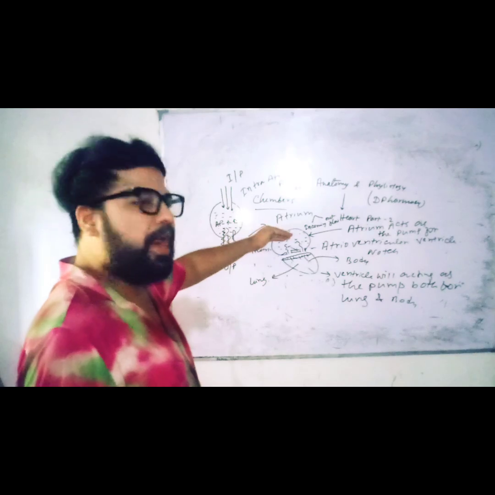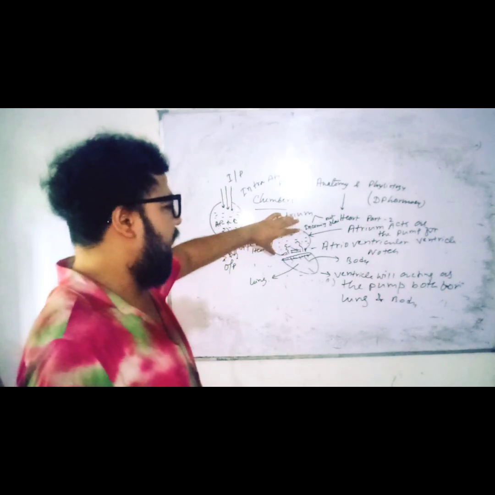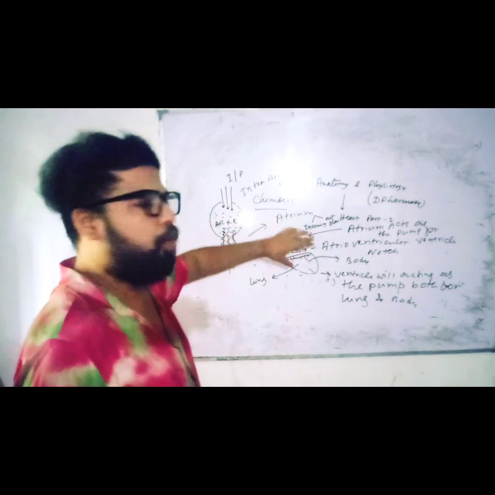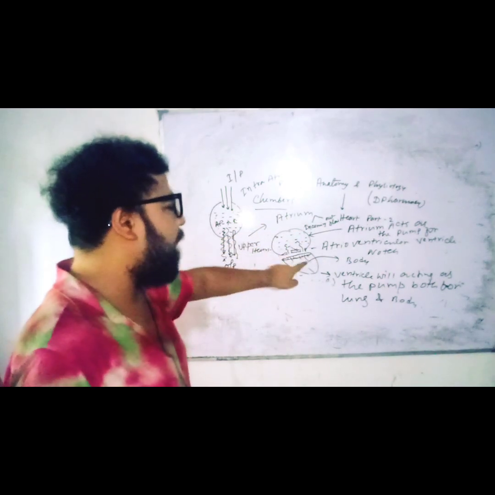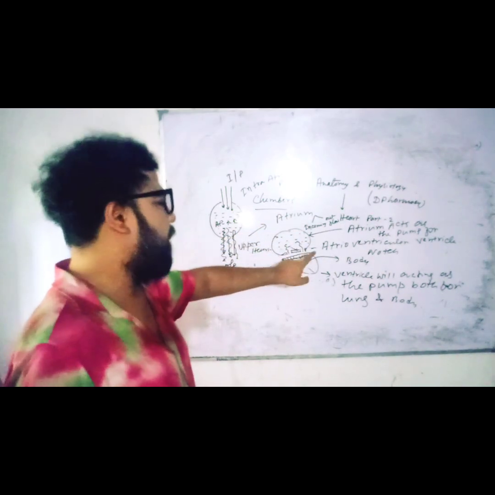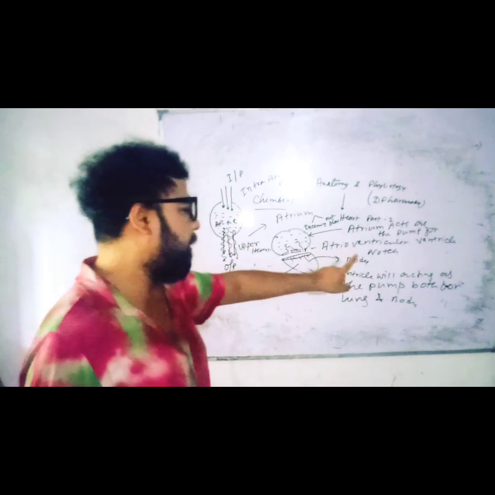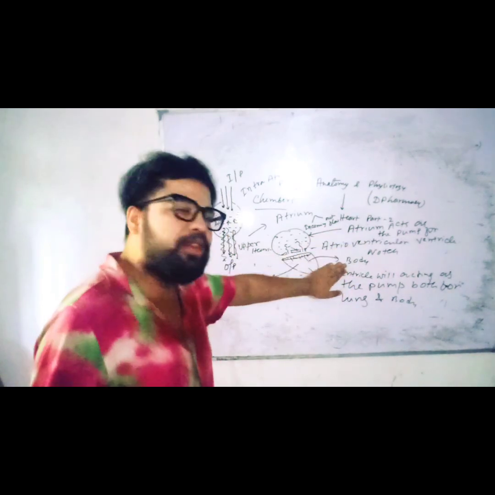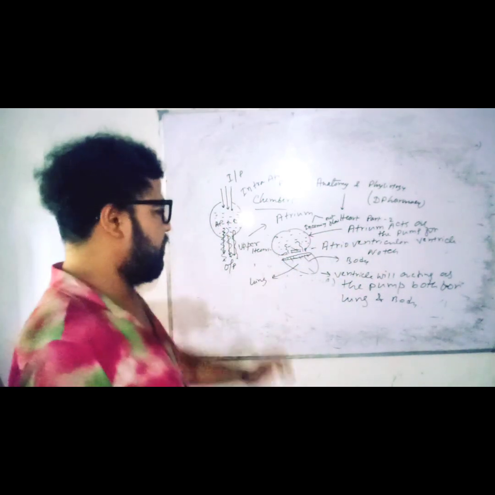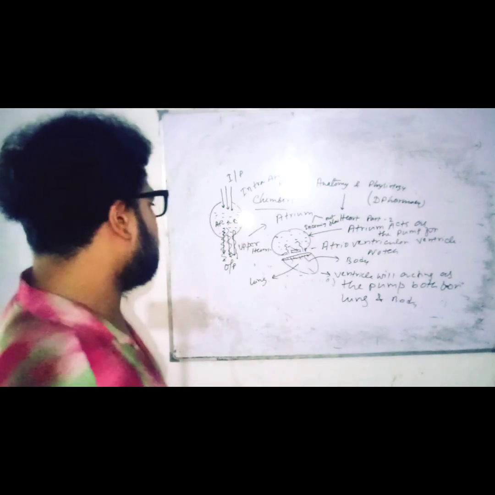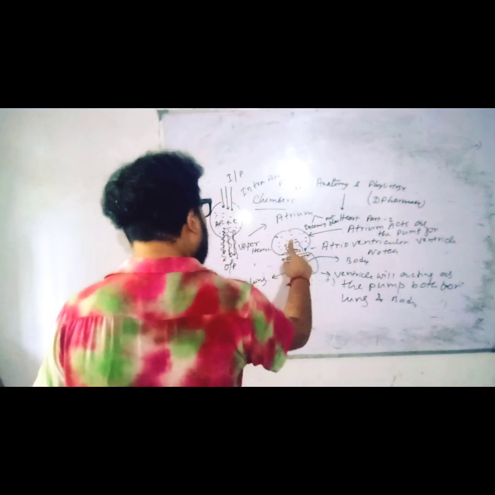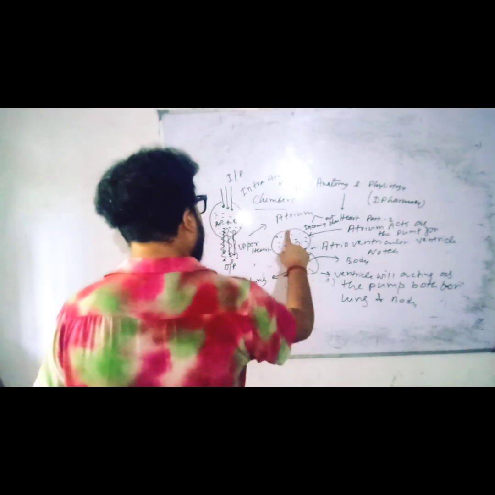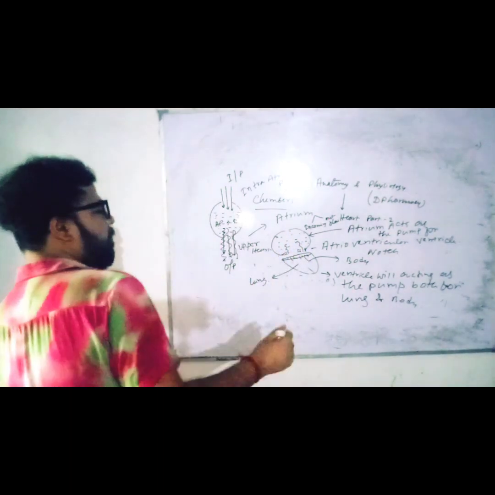So the upper part is called atrium, lower part is called ventricle. Atrium acts as the pump for the ventricle, and ventricle acts as the pump both for the body as well as the lung. Clear?